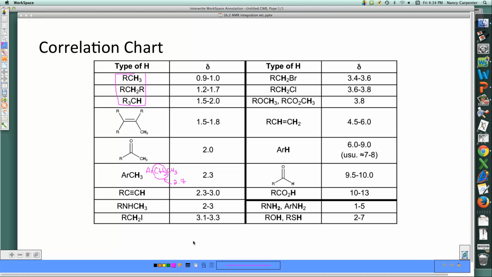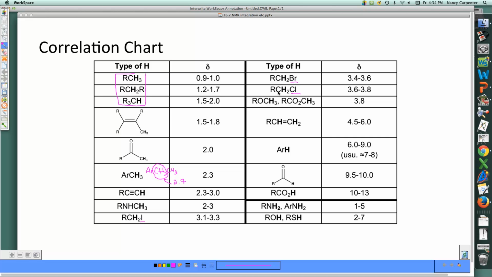Okay, what else can we look at? Well, how about the trend of our halogens? Chlorine, bromine, iodine. Well, you know that chlorine is more electronegative than bromine, which in turn is more electronegative than iodine. And so it makes sense that this chlorine is pulling electron density away from that carbon.